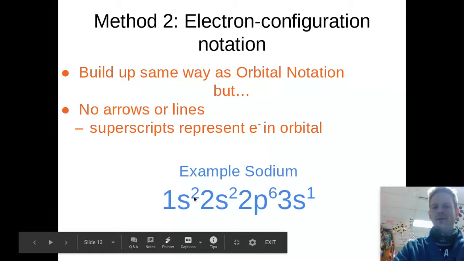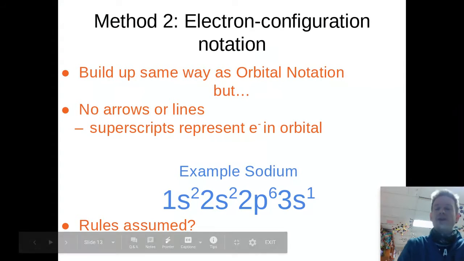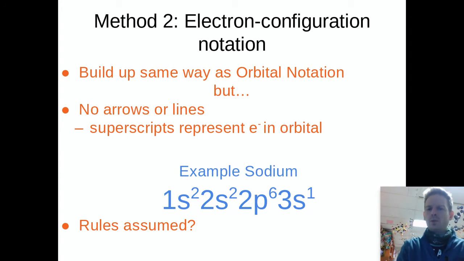So what that would have been is I would have an up arrow and a down arrow in an s, an up arrow and a down arrow in an s. I had three orbitals here, so I had three up arrows and then three down arrows. And then here I would have had one up arrow. Okay, that is what we're running into. And so we got to think about this. What rules are we assuming? Without having the orbitals and without having the arrows, out of our three rules, what rules are being assumed to be applied correctly?